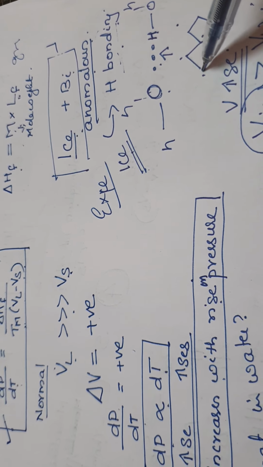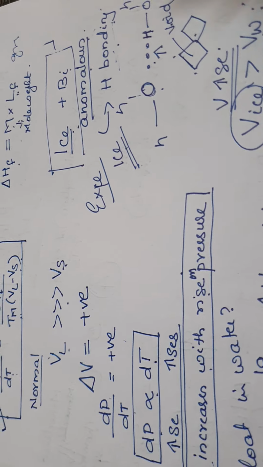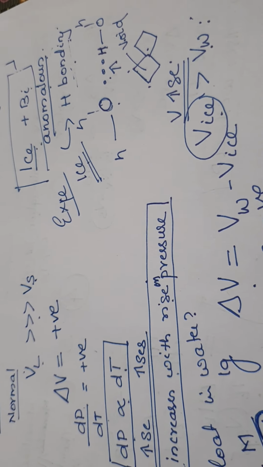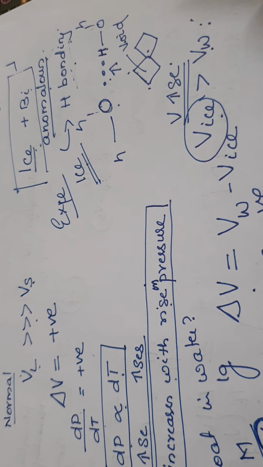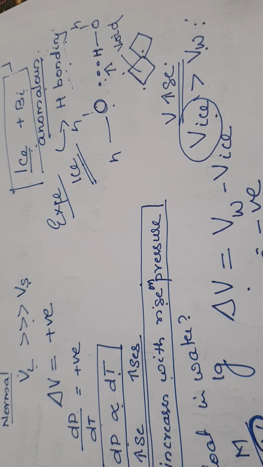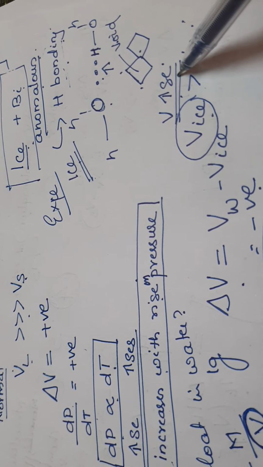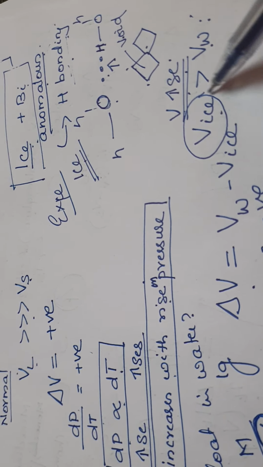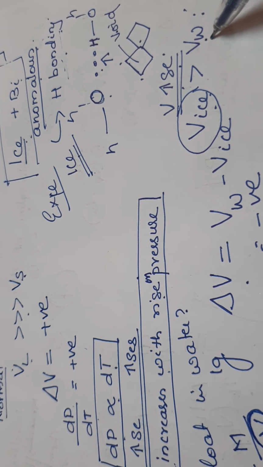Instead, they will form a tetrahedral void, and as a result the molecules will be far apart. Volume means the space occupied by the molecule, so volume increases. Volume of the ice is greater than volume of water.